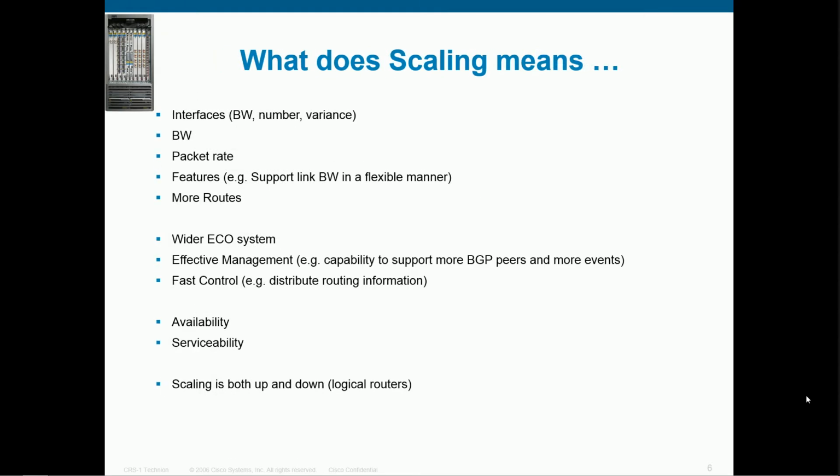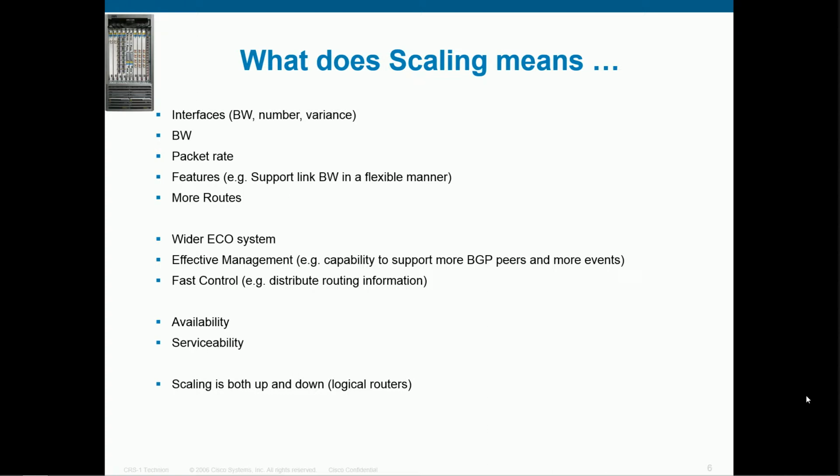So what exactly does scaling mean? Scaling means you can scale or increase on the fly interface, that's bandwidth, the number of ports, the various types of ports, gigabit, copper, fiber optic, anything. It supports a faster processor, which allows for more routes.